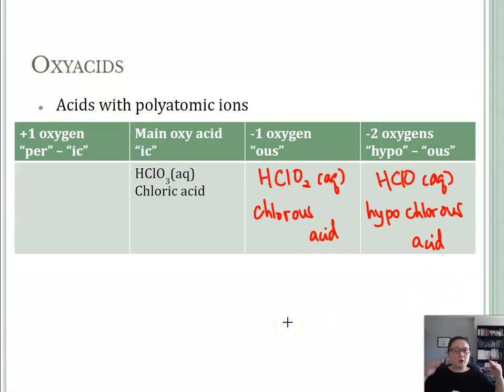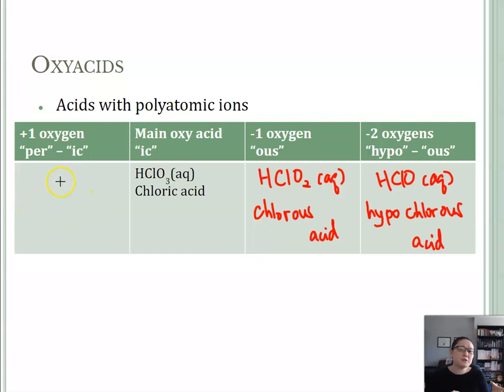Hopefully you'll notice that there are some parallels to how these prefixes and suffixes are changing depending on whether you've lost or gained your oxygens and so on and so forth. So hopefully you can use these patterns, see what those connections are, and use them to your advantage.